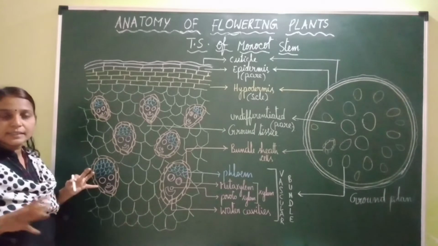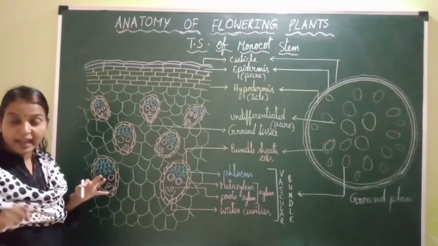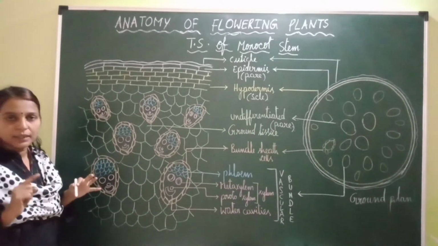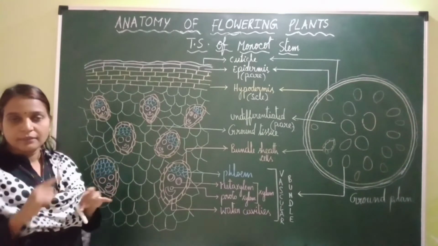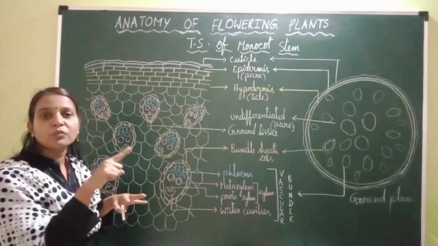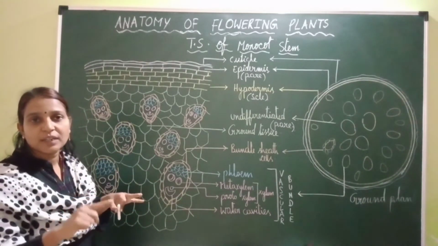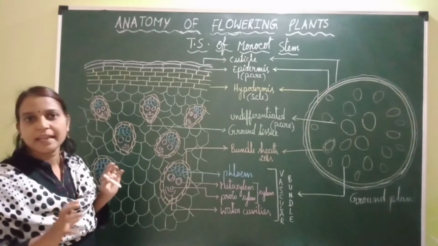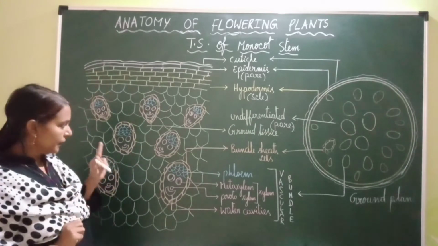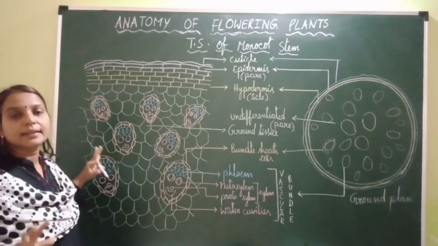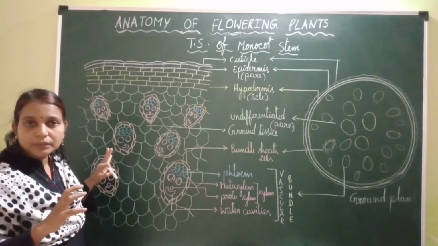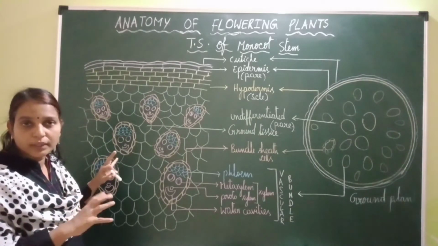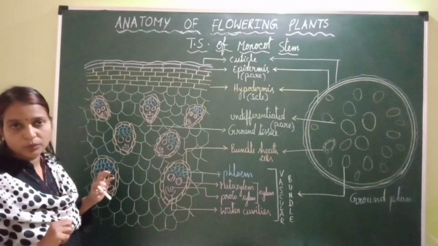These vascular bundles are not present in the form of a ring as in case of dicot stem. In case of dicot stem, what we studied? Vascular bundles are arranged in the form of a ring. The arrangement of vascular bundles in the form of a ring is called eustele, which is the characteristic feature of dicot stem. Here, vascular bundles are scattered inside the undifferentiated ground tissue.